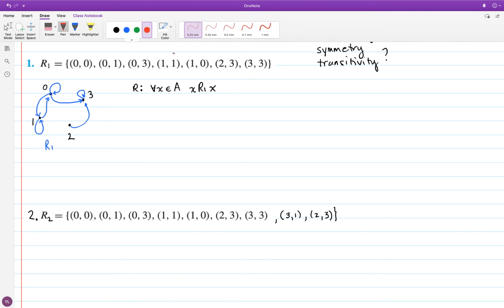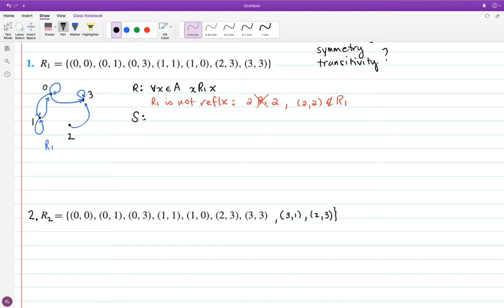Well, the answer is no. R1 is not reflexive, and that's because 2 doesn't appear to be related to itself. So I can say it like this: 2 is not related to 2, or (2, 2) is not in R1.